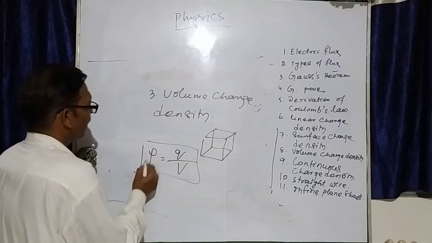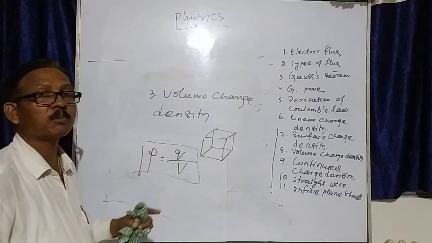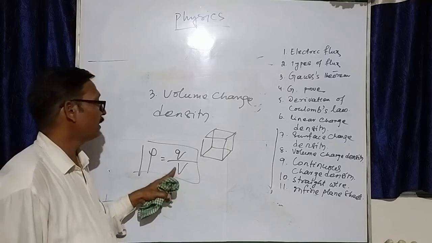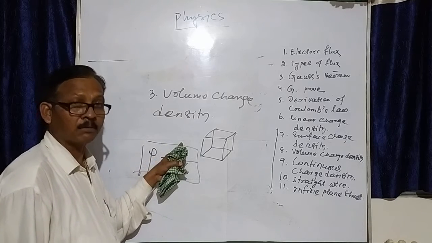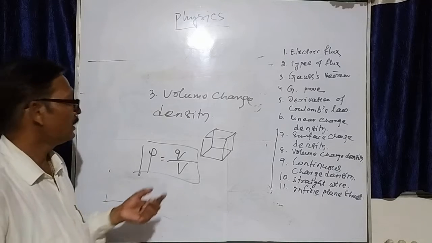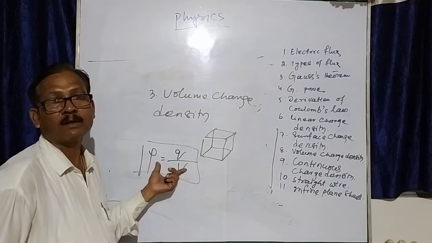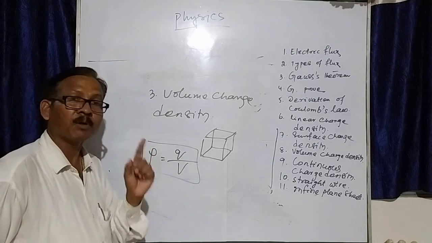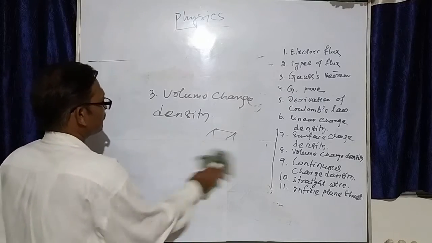The SI unit is coulomb per meter cube. For the dimension formula, Q is AT and volume is L3, so you take L3 to the denominator. In this way you can find the definition. First remember the formula, then find the unit and dimension formula. These three densities, linear, surface and volume charge density, will come in your exam.